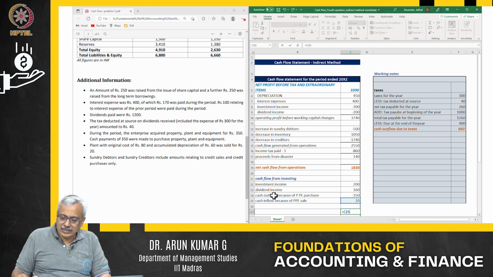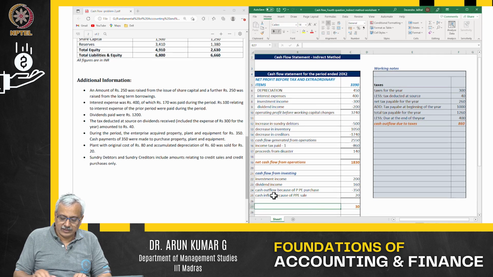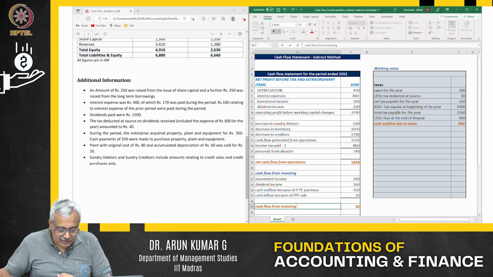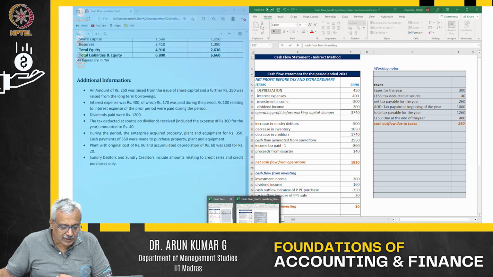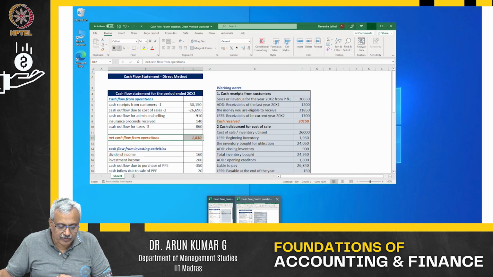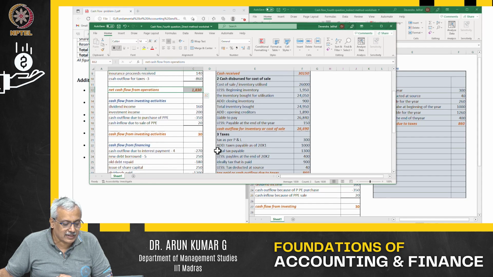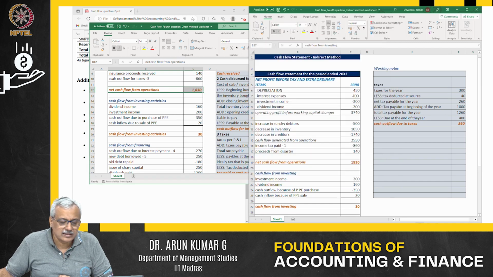So, what is the net cash flow from investing activity? Net cash flow from investing activity in this particular case is $30, and that is exactly the same number that we got before. Cash flow from investing was $30. No difference, direct and indirect.